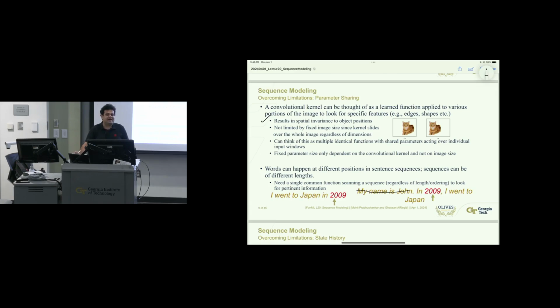The 2009 part, which is essentially our template or our kernel, can now convolve and see where the number is. So it wouldn't matter if 2009 is at the end of a sentence or at the beginning of a sentence. You'll still know that the number 2009 exists, and that might be the answer if the application you're looking at is something like visual question answering.